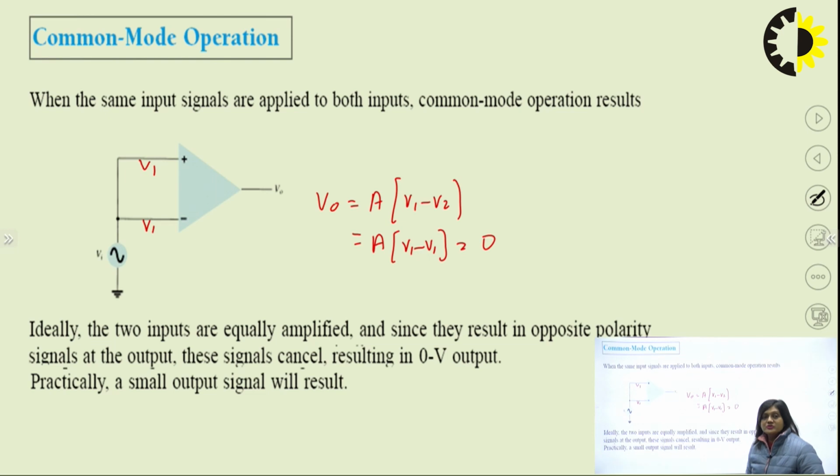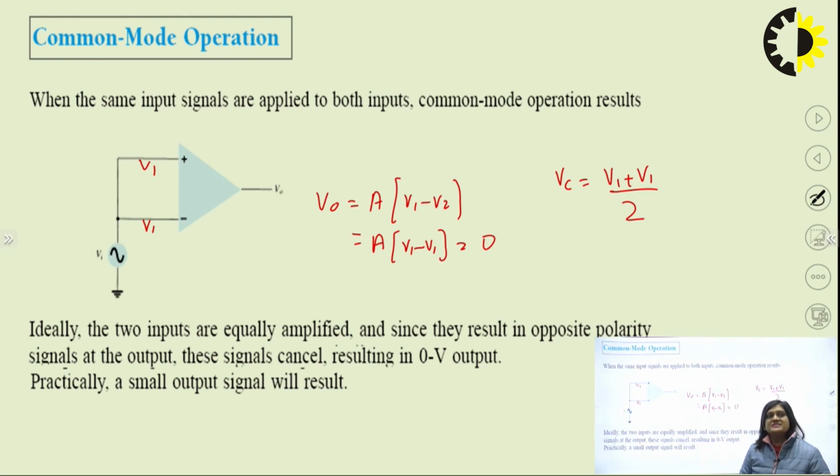So ideally it should be 0, but practically a small output voltage will result at the output terminal. In this case, the common mode voltage would be Vc equal to V1 plus V1 by 2. This is the common mode voltage that we can find in common mode operation.